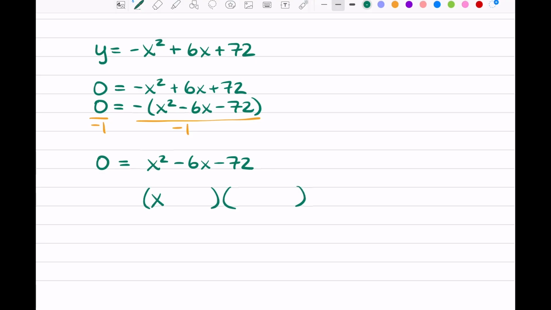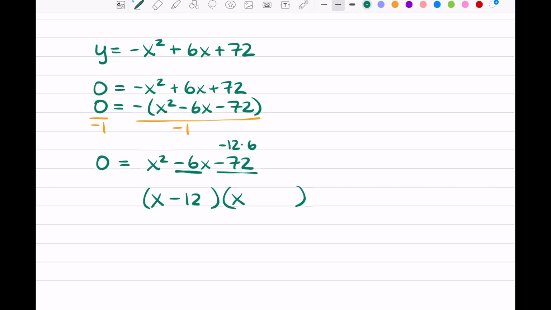Our first term is going to be an x. x times x gives us our x squared. And we need two numbers that multiply to negative 72 and add up to negative 6. So if you know your multiplication facts, you should know that 12 times 6 gives you 72. And we need one of them to be negative so that they add up to negative 6.